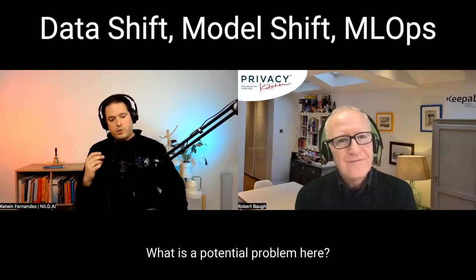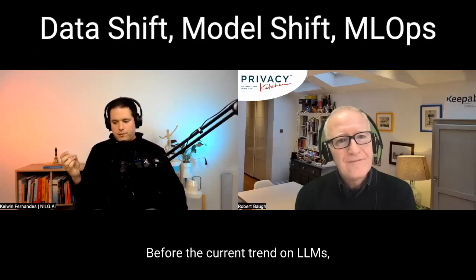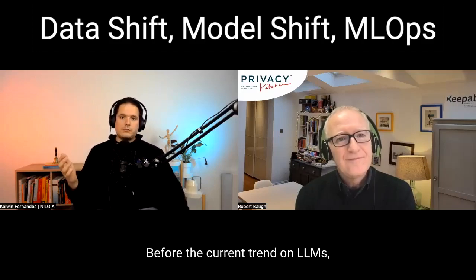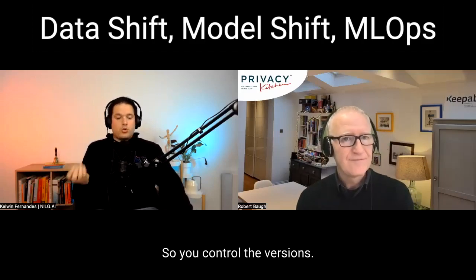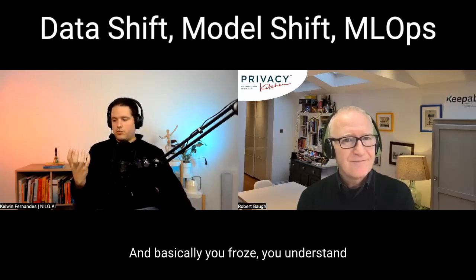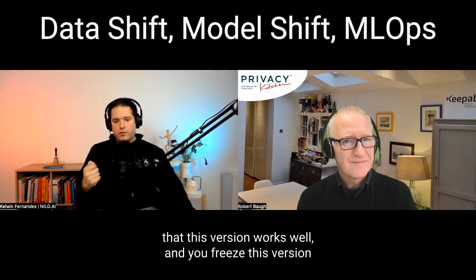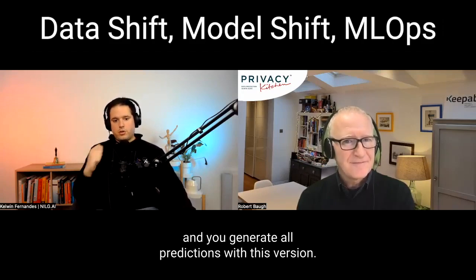What is a potential problem here? Before the current trend on LLMs, most AI models were built in-house, so you control the versions. You understand that this version works well, you freeze this version, and you generate all predictions with this version.